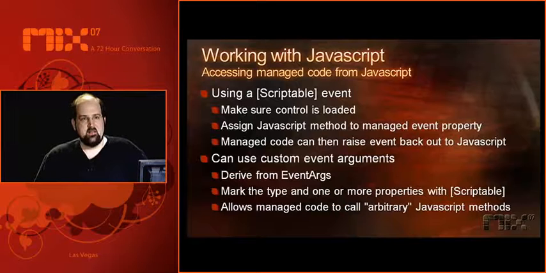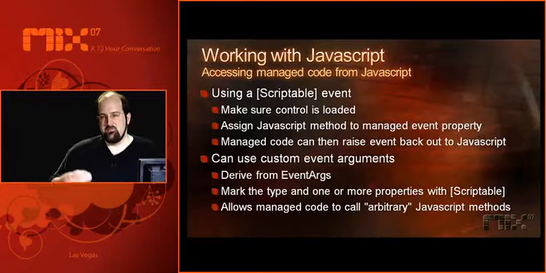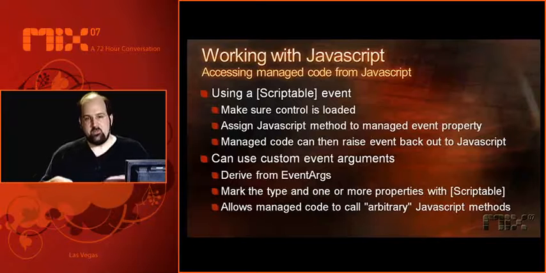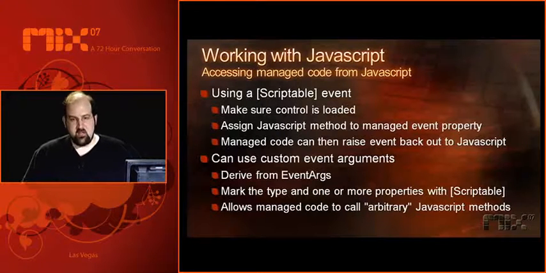The reason for that is you can actually create a custom event argument type. This is, again, in managed code. And then you can put all kinds of properties and, if you want, methods on it. And then what will end up happening is when you fire the event back out into the browser, it's like the equivalent of passing a bunch of input parameters into a JavaScript method. And that's actually the thing I'll walk through with you here in a minute or so.